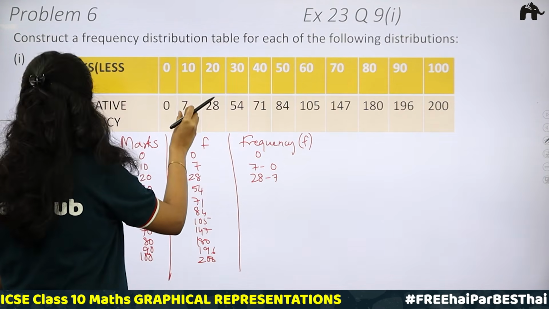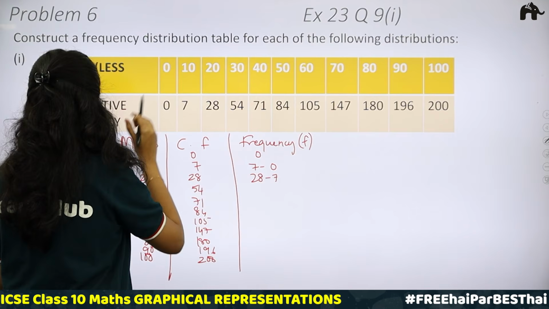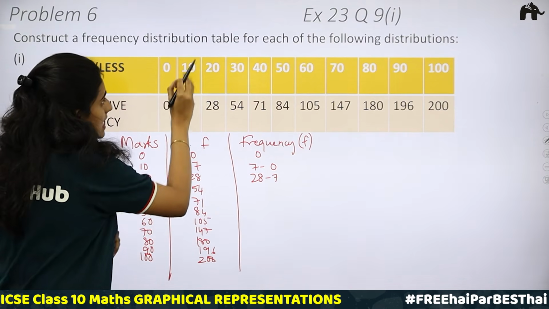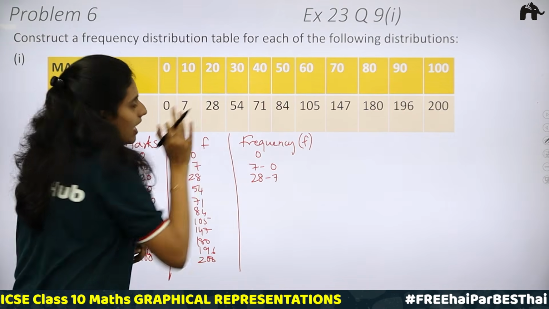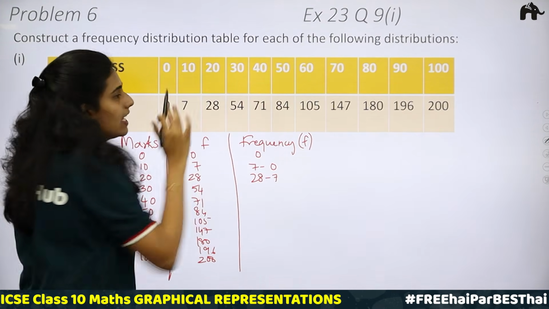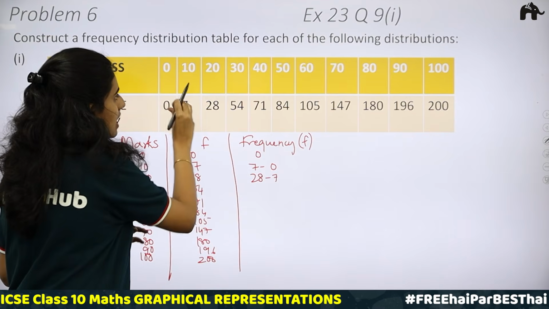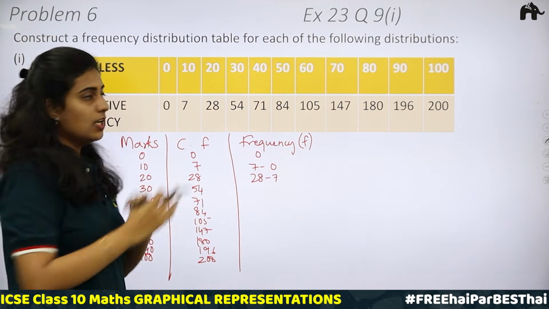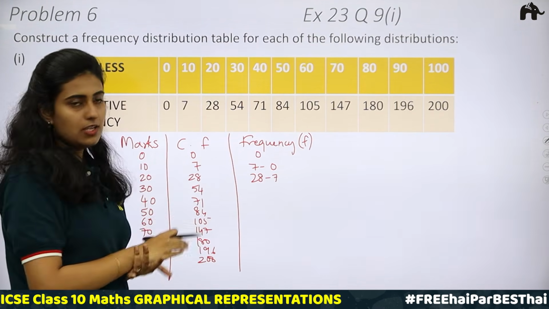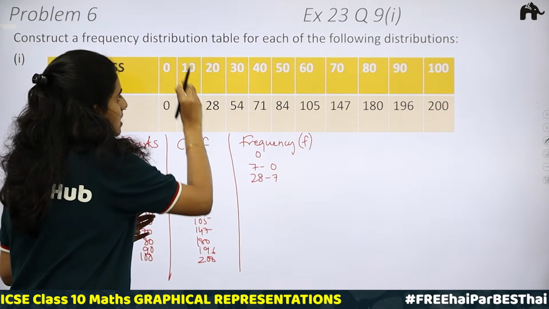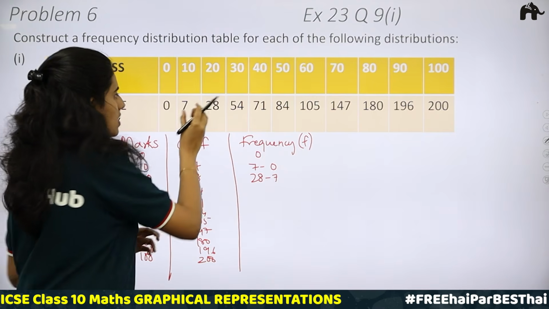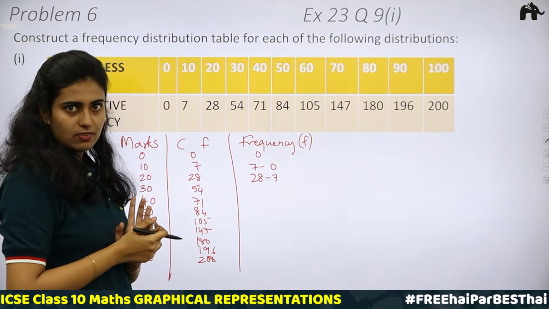If there are 7 people with marks less than 10 and 28 people with marks less than 20, what does this mean? This 7 is already included in this 28. So, when you remove the 7 people, you will be getting students who have obtained marks less than 20 and greater than 10. That is 28 minus 7 equal to 21.